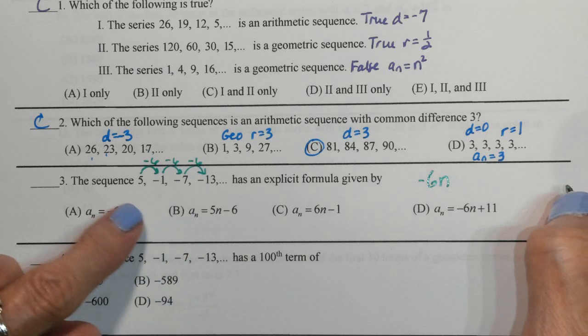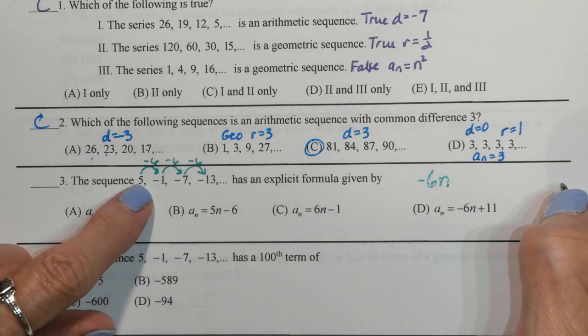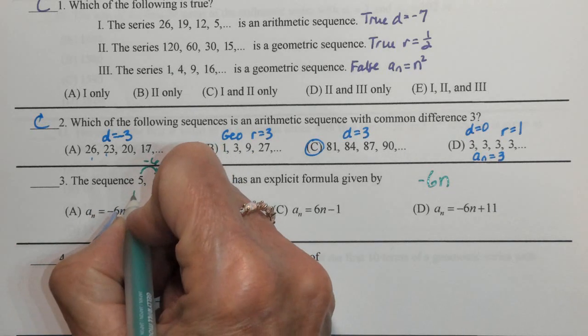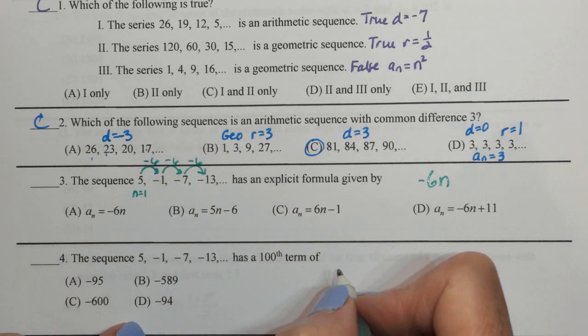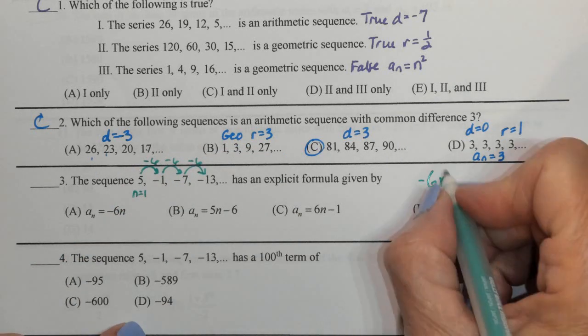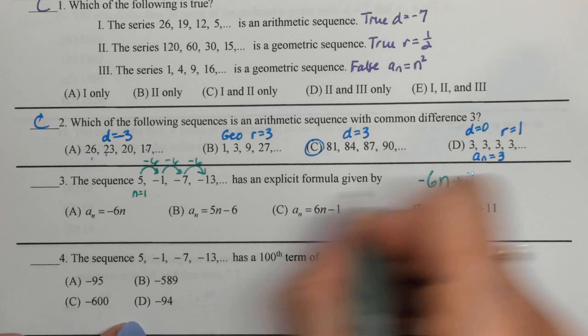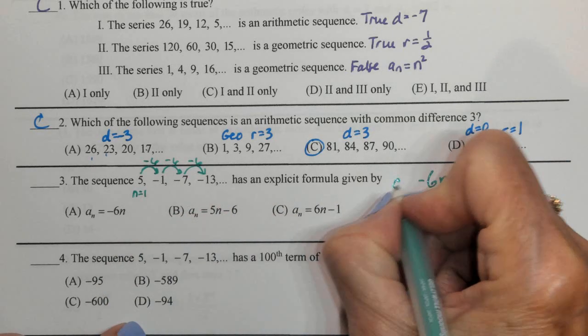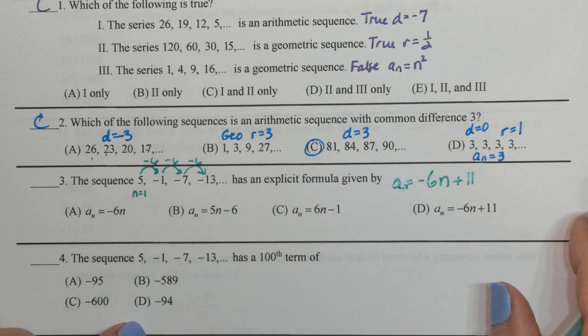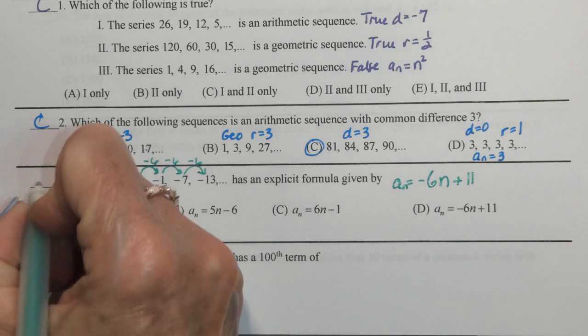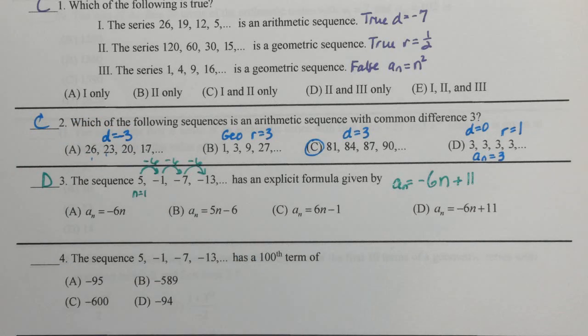Okay? To get to 5, though, for the first term, when n is 1, we have to be at 5. And when n is 1, we would have to add 11 to get to 5 for the very first term. So that is the explicit formula. -6n plus 11, so D would be the answer there.